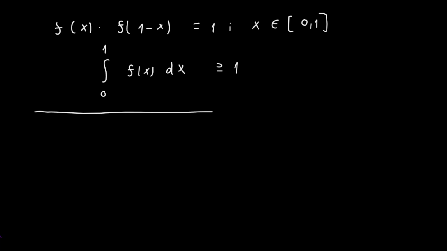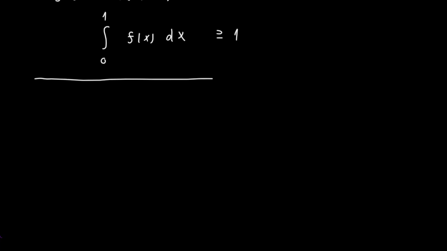At first view, when you see this type of problem, you have to think to manipulate this integral from 0 to 1, because in the hypothesis we have f(x) and f(1 minus x). So what can we do?